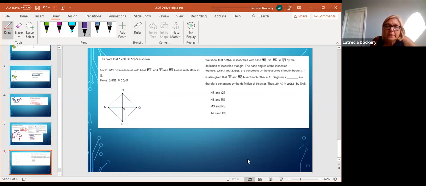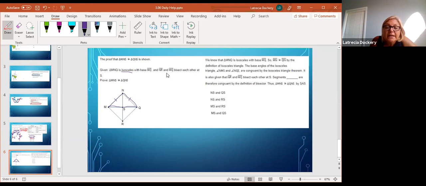All right, last one. The proof that triangle MNS is congruent to triangle QNS is shown. Given that triangle MNQ, that is this triangle right here, okay, is isosceles with base MQ. Okay, if the base is MQ, then these 2 sides are congruent, right? If it's isosceles, yep.